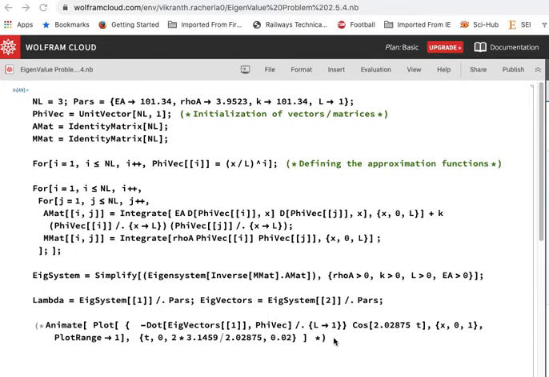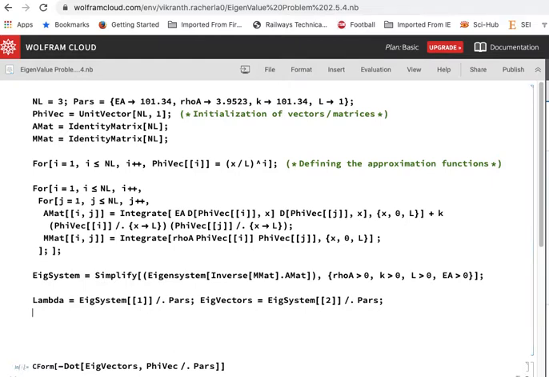Now what I have done in this particular code is, I'll remove the animate part. So first we solve it. Press shift enter.